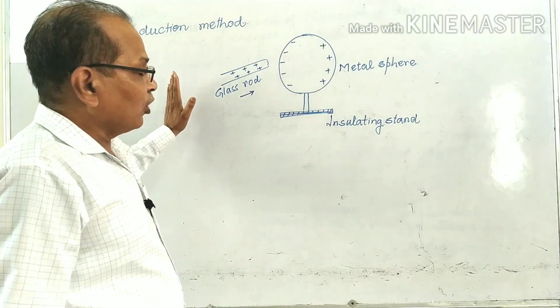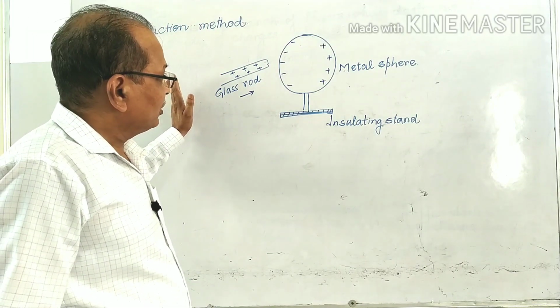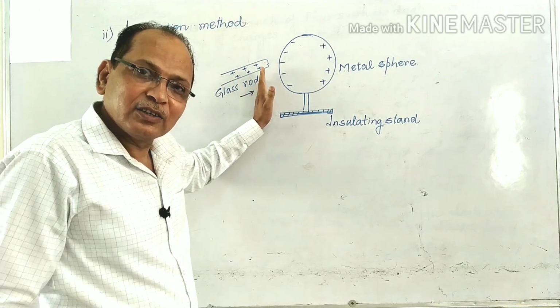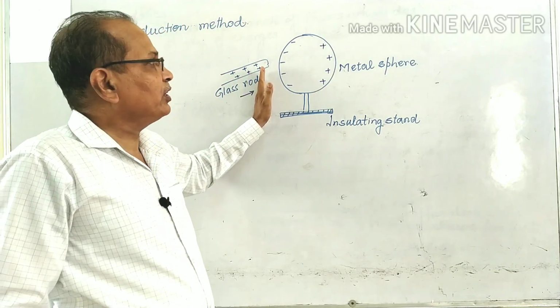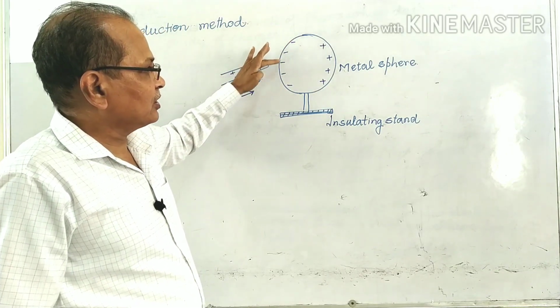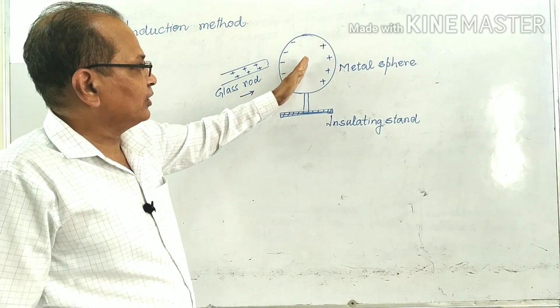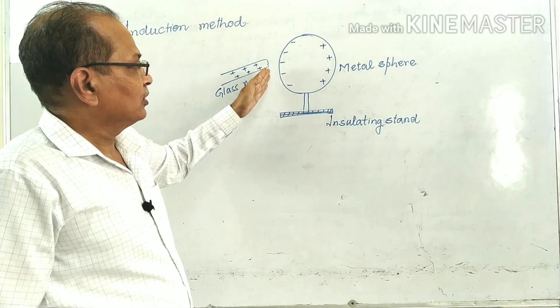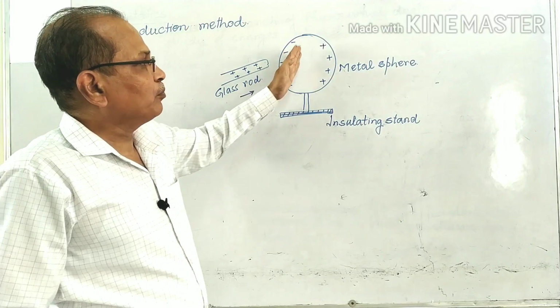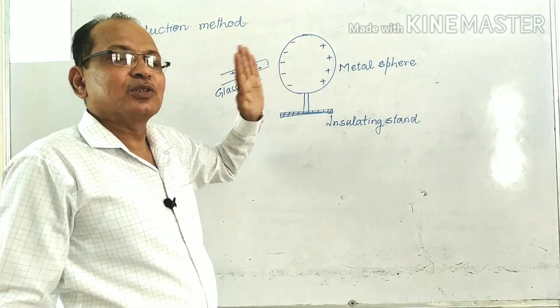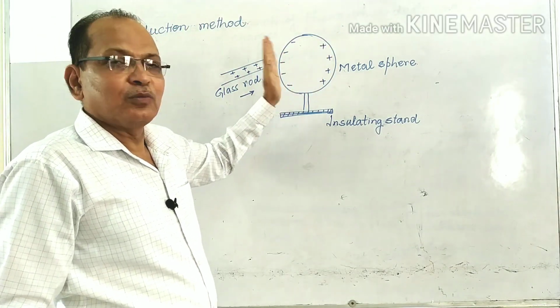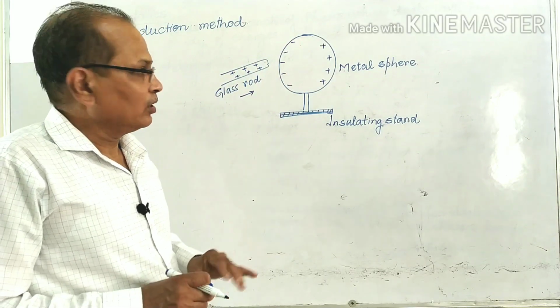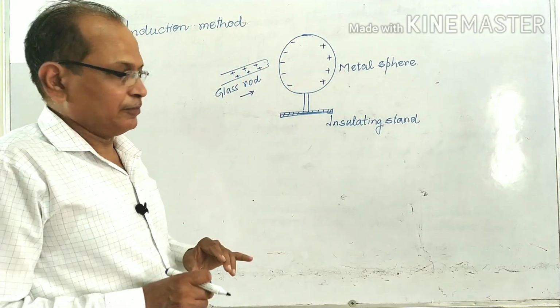Now if we bring the glass rod again towards the metallic sphere, then again this side becomes negative due to the electrons moving towards the glass rod, and the positive charge again goes away from the glass rod side.